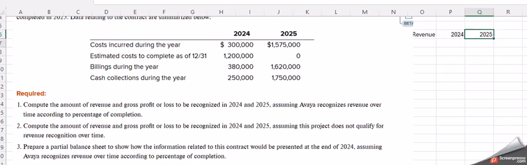So we have $2 million of a contract that we're doing. So we want to figure out in 2024 at what level are we completed. So we take the 300,000 and then we divide it by the 1,500,000.